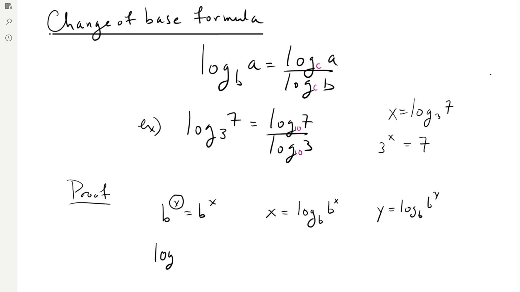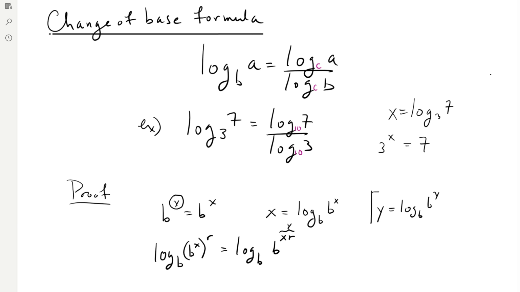rewrite not b to the x, but I'm going to raise b to the x to the r. Now, b to the x to the r, we know using rules of exponents that this is b to the x times r. That's going to be kind of like my y. It's some number, right? x times r, some number.